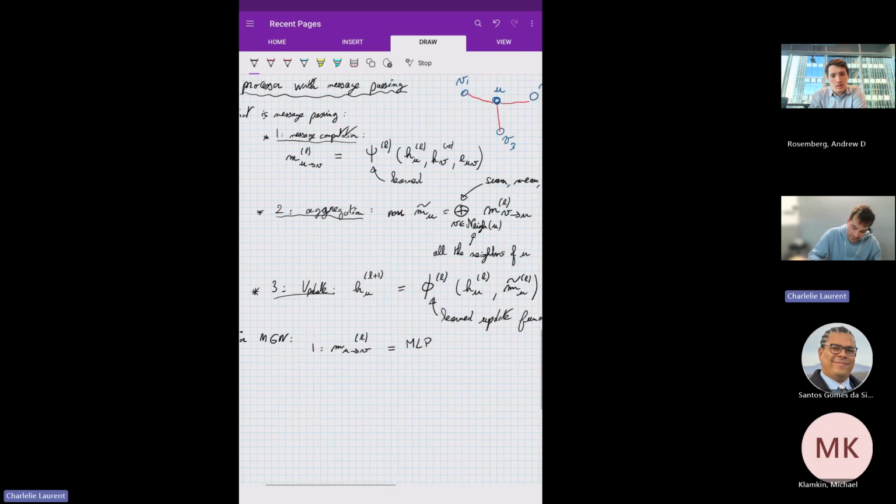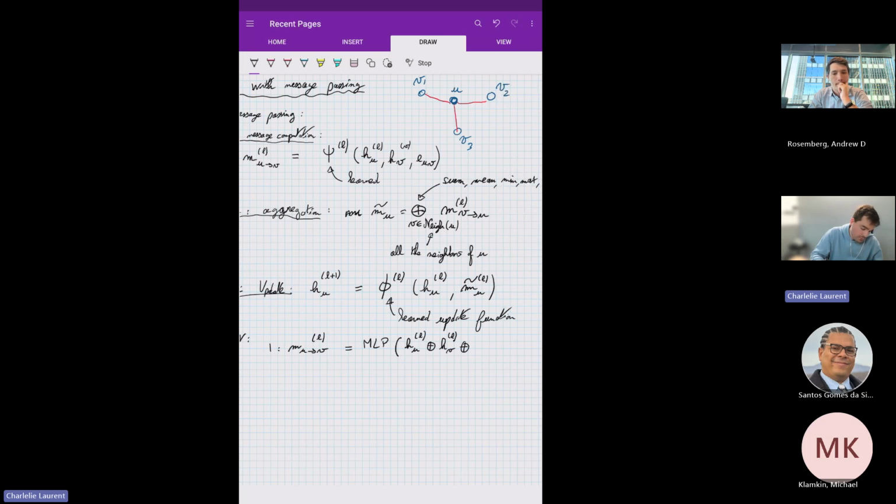And the MLP is always the same. So you see, in theory, the MLP could be different at every layer. In MeshGraphNet, it's the same at every layer. And it takes the current features of the node at layer L and takes the neighbor of the node U, so the neighbor V, and the edge features. And this is concatenation.